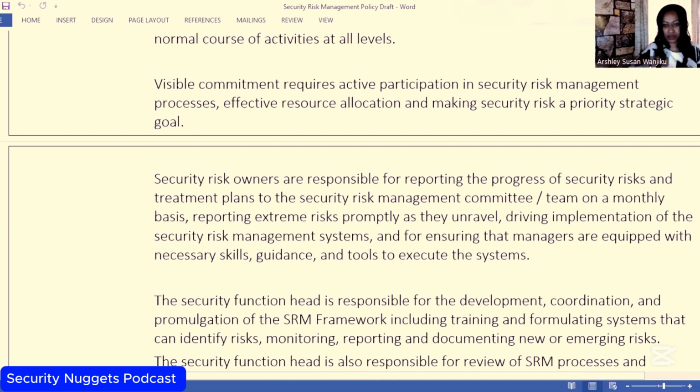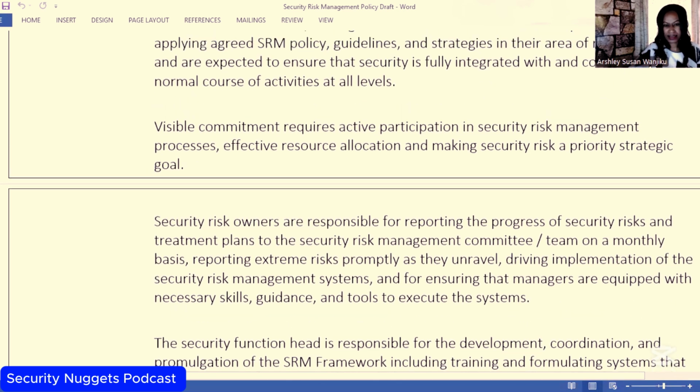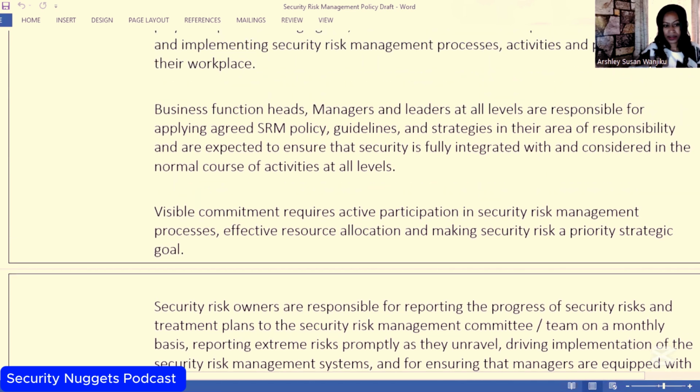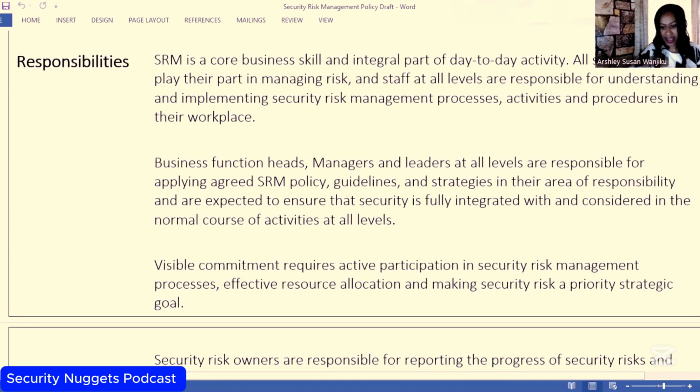Again, under responsibilities, business function heads, managers and leaders at all levels are responsible for applying agreed security risk management policy guidelines and strategies in their area of responsibility and are expected to ensure that security is fully integrated with and considered in the normal course of activities at all levels.